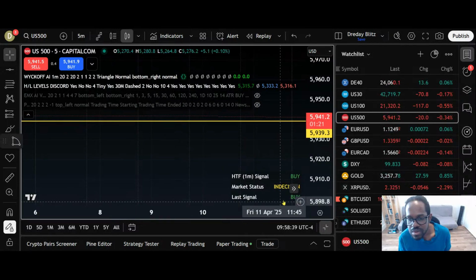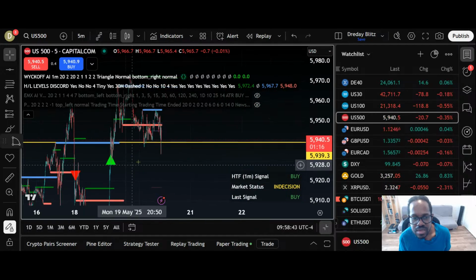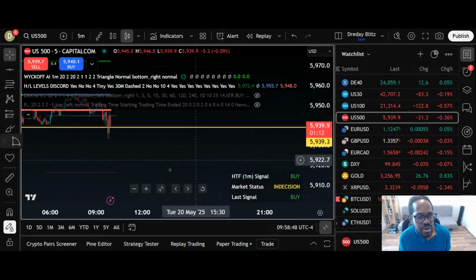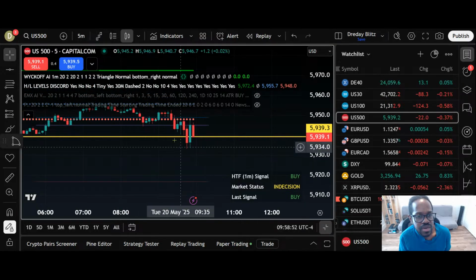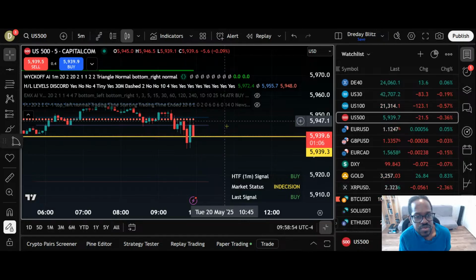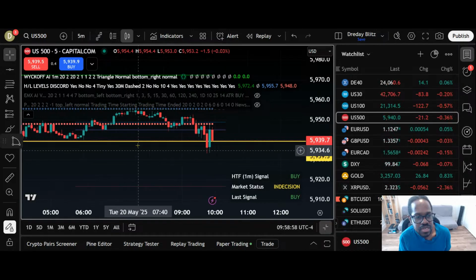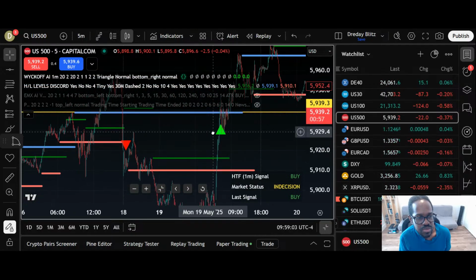So if we go back to the current price action, price went there and started to reverse. We'll see if it's gonna break. If it breaks, you have the next levels here that I talked about.